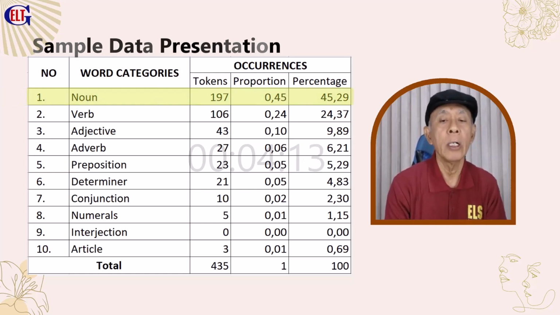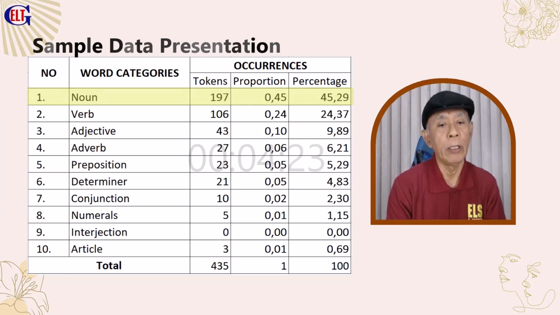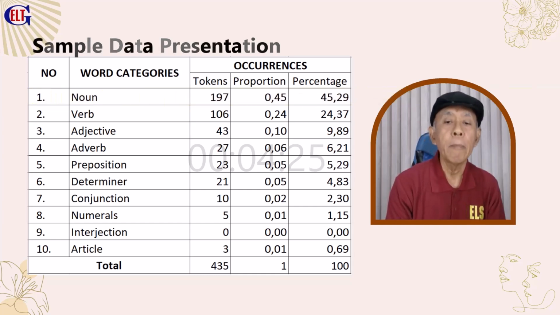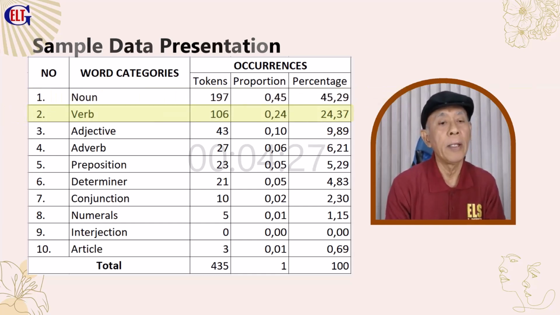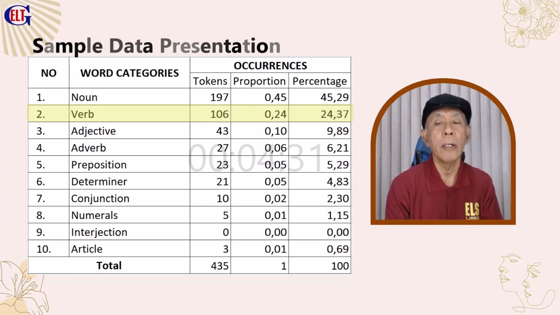The noun tokens occur 197 times with the proportion of 0.45 and the percentage 45.29%. The verb tokens occur 106 times with 0.24 proportion and 24.37 percentage.